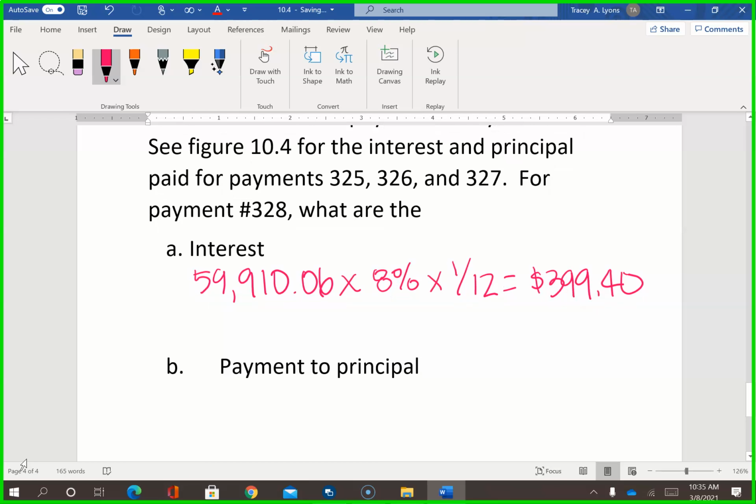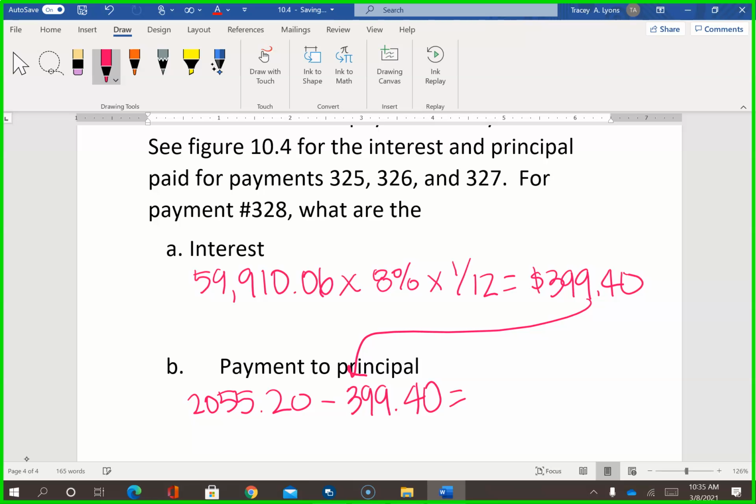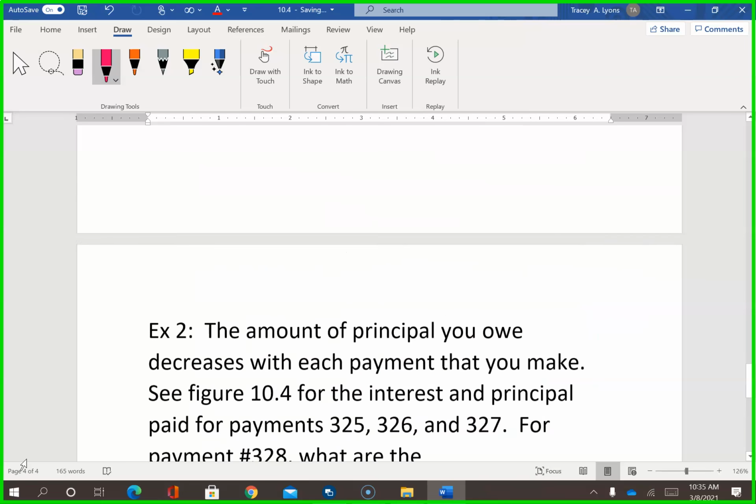We take our payment, $2,055.20, and subtract this answer out. Now the principal amount should be more than what it was before because we owe less money. So $1,665.80 is what they go toward principal now.